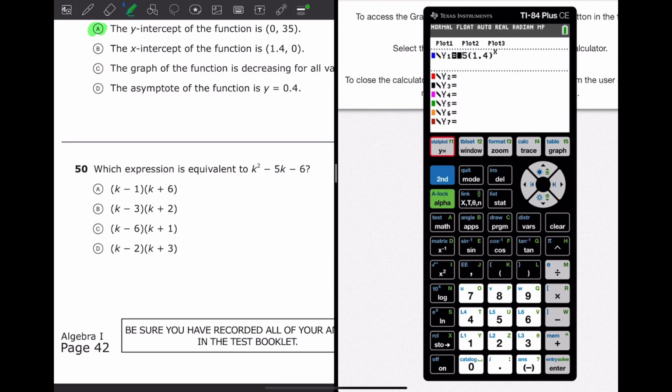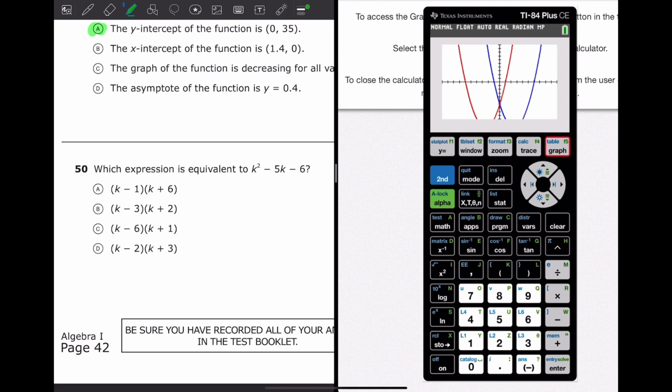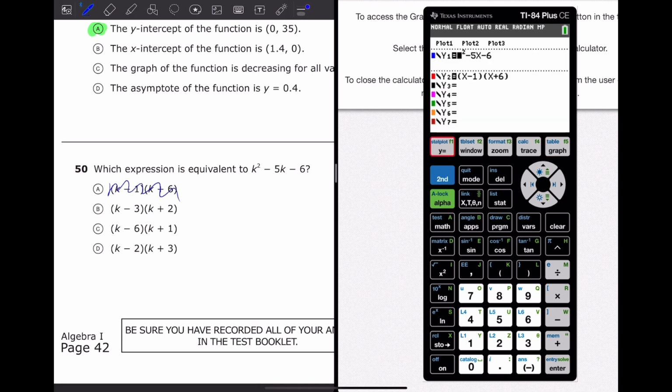On this one, you will be entering the given in Y1. Just remember to change those K's into X's. For Y2, you're going to type in each answer choice and compare. You've got two different parabolas, so that's not the one. Try the next one.